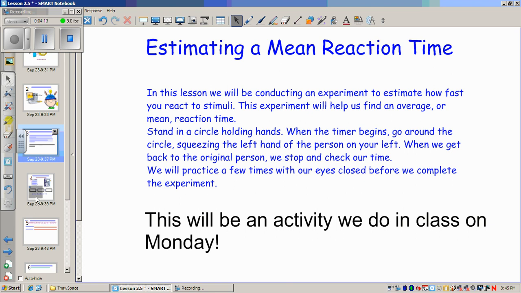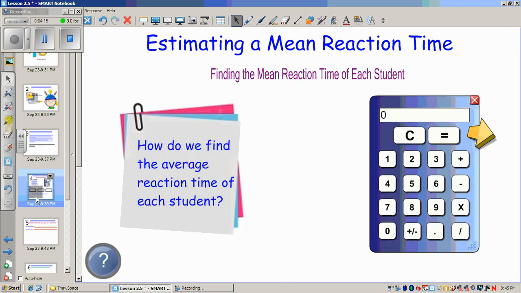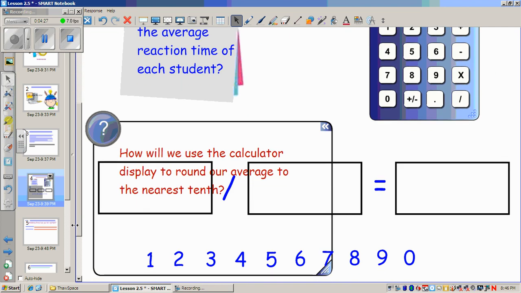Okay, moving right along. It says, estimating a mean reaction time, finding the mean reaction time of each student. How do we find the average reaction time of each student? Well, let's take a look at my notes here. It says, how will we use the calculator display to round our average to the nearest tenth? First of all, in order for us to find an average, we would want to take all of the students' input. So we'd want to be able to use all of the data from each student, and then we would want to divide it by the number of students.